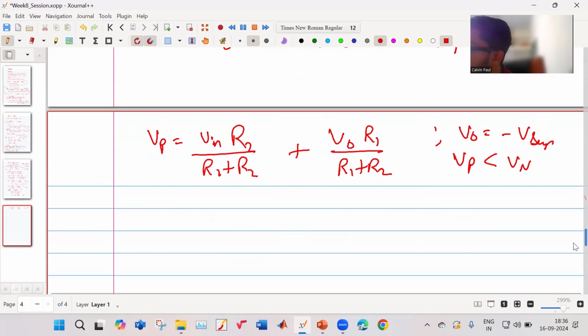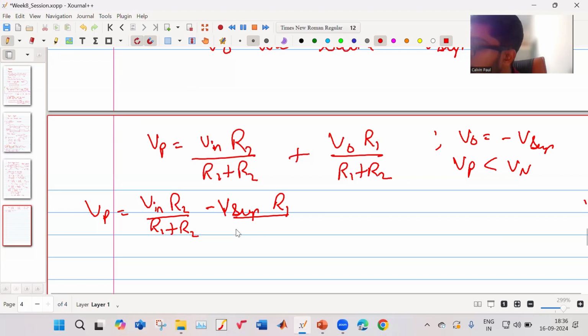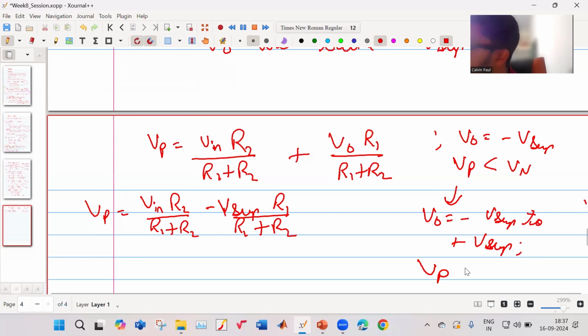So now what is happening is my Vn into R2 by R1 plus R2, this is my Vp. And then because V output is minus V supply, it is minus V supply into R1 by R1 plus R2. Now what do we want? My V output should go from minus V supply to plus V supply. For that to happen, what would happen? My Vp should become greater than Vn, right?